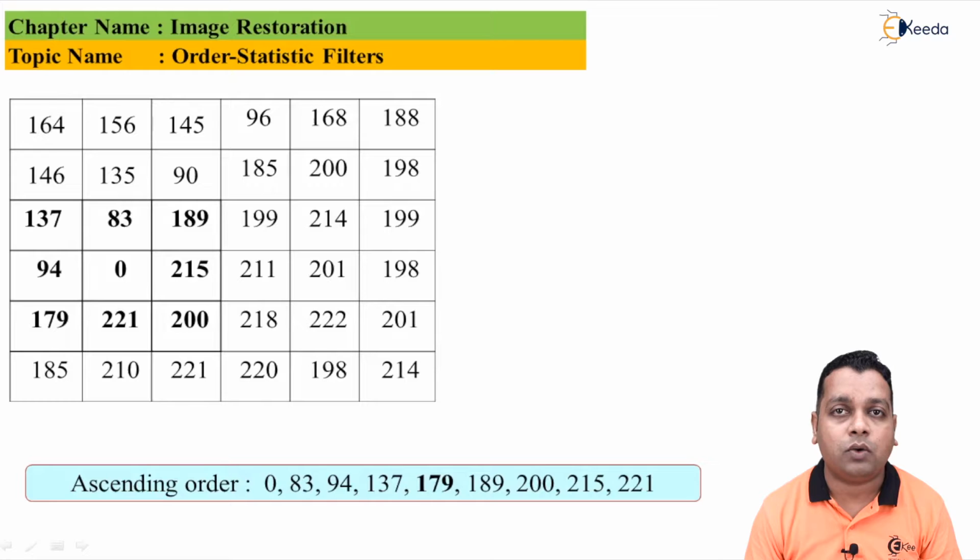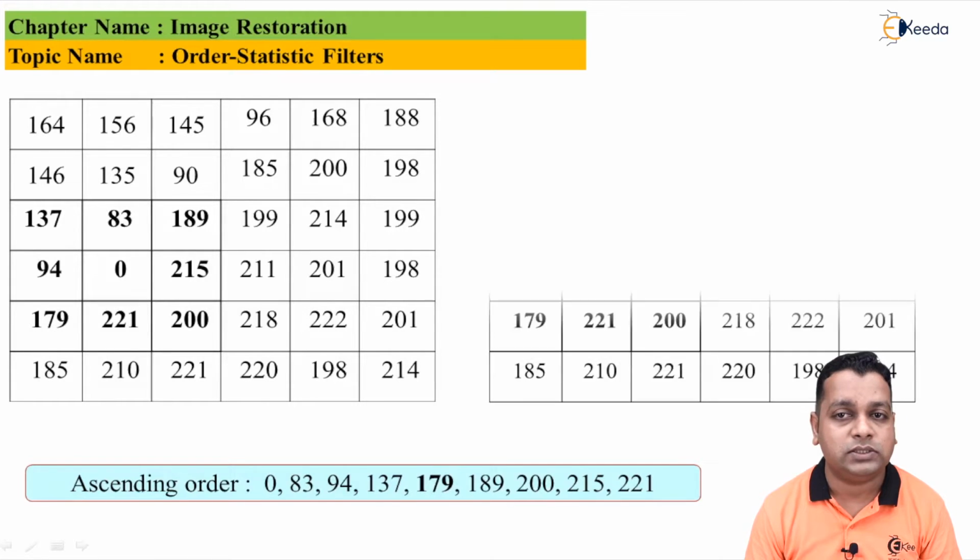Arranging the pixel intensities in ascending sequence, it starts with 0 as the lowest value for the center. After 0 we have 83, 94, 137, 179, 189, 200, then 215 and 221. Taking the median, we come to the value 179. So in the place of 0 we can substitute the value 179.